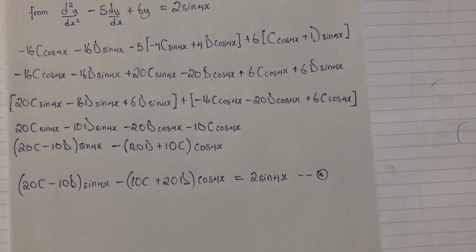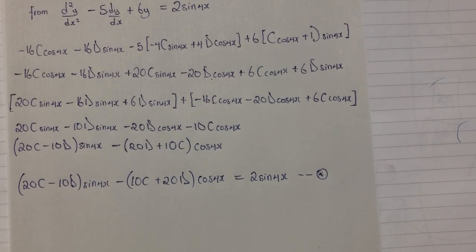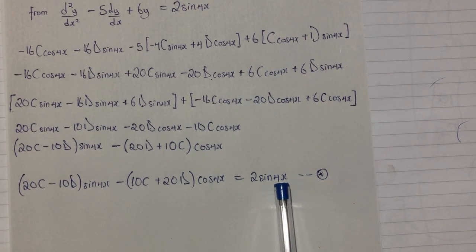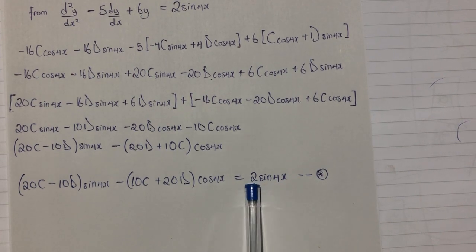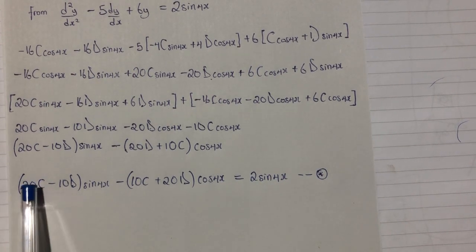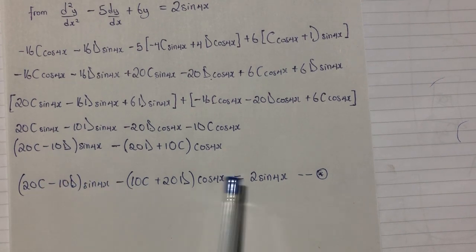The next thing we are going to do is to compare what we call the coefficients of the sine here. The coefficient of sine 4x here is 20c minus 10d, and we compare it to the right side. What is the coefficient of sine 4x there? It is 2. So this means that 20c minus 10d equals 2.